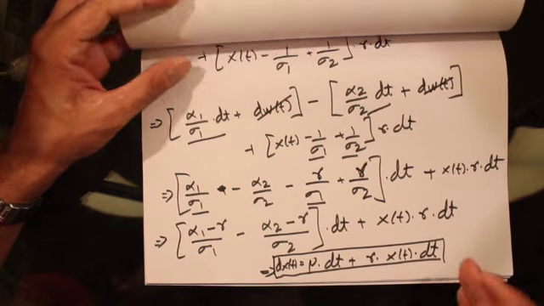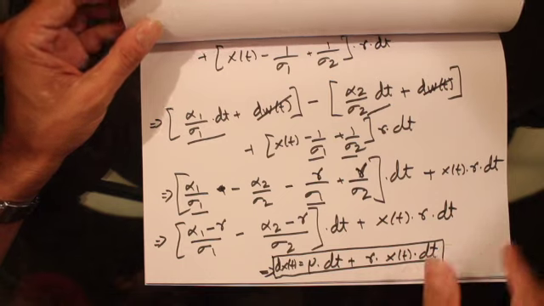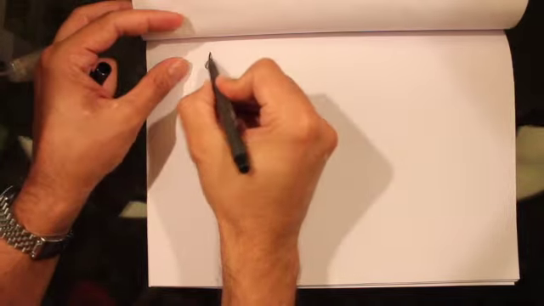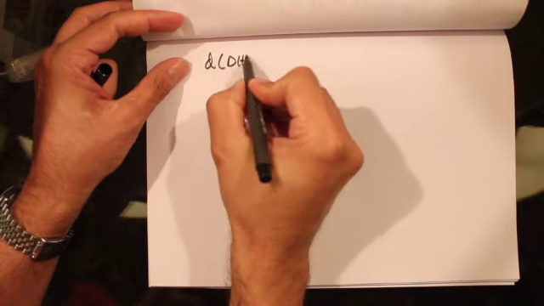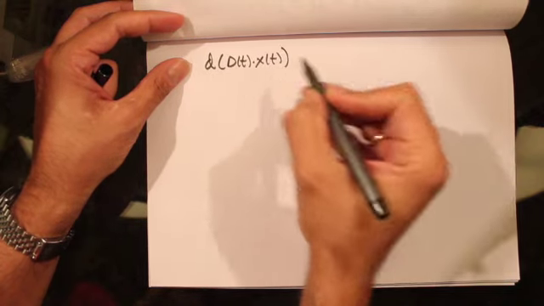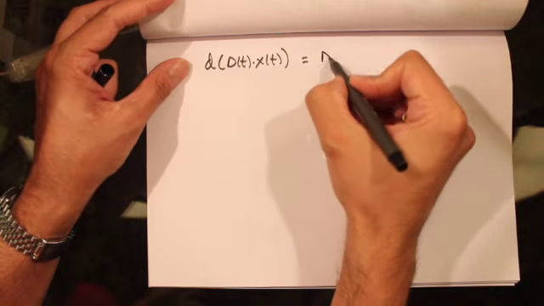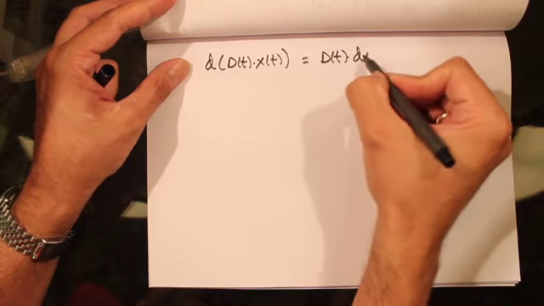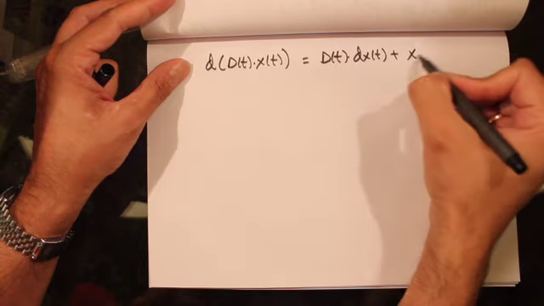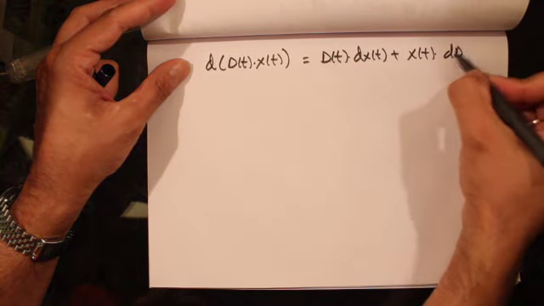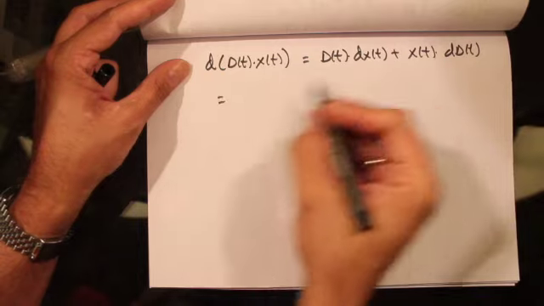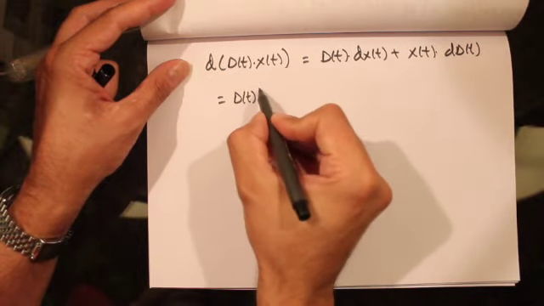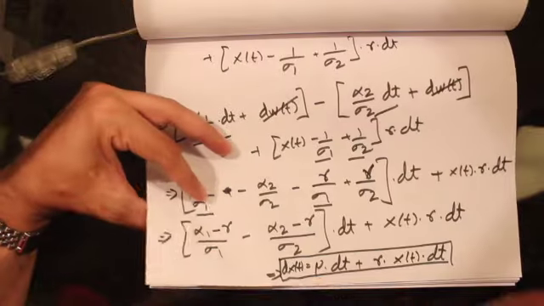Now let's look at what is the discounted value of our portfolio process. Okay guys, so now we want to look at the discounted portfolio process, and the discounted portfolio process would be given by d of d(t) x of t. Okay, this can be written as d(t) times d of x of t plus x of t times d of d(t). Here we can write dx of t, we already know what it is.